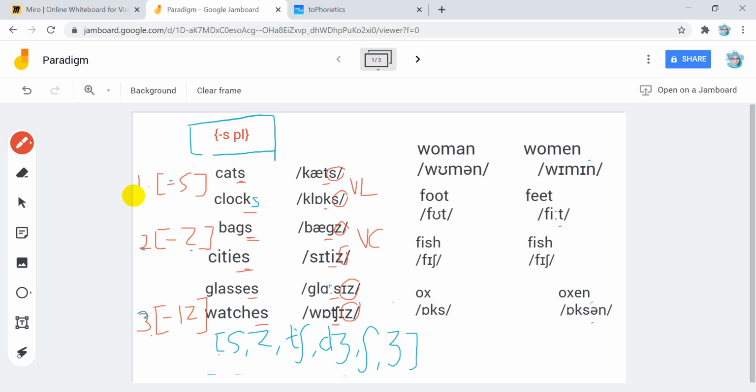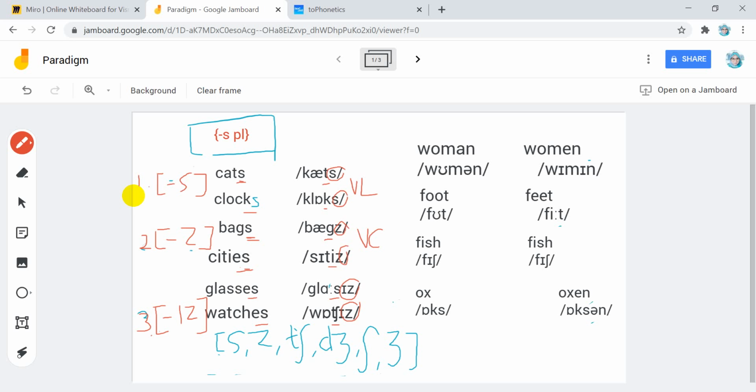However, the plural form is not only marked by S ending. Some forms do not follow the S ending. They have changes in form, or we call it morphologically conditioned. On the left, it is phonologically conditioned because of the sound: voiceless, voiced, or sibilant.